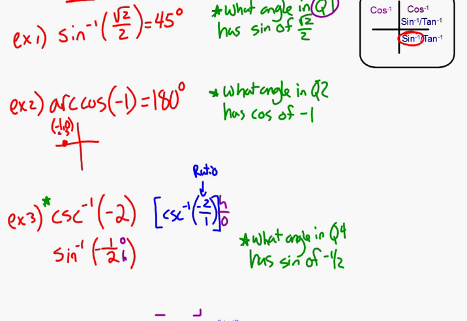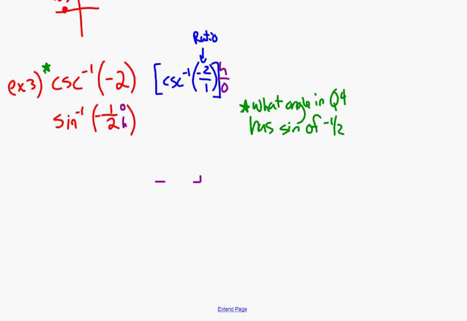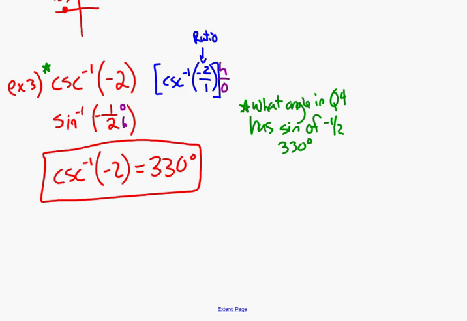So if I look at my unit circle, let me scroll down just a little bit and erase a little. To answer this question, I end up getting 330 degrees. Or I could say 11 pi over 6. So I go way back and say the cosecant inverse of -2 equals 330 degrees. Or I could say it equals 11 pi over 6.